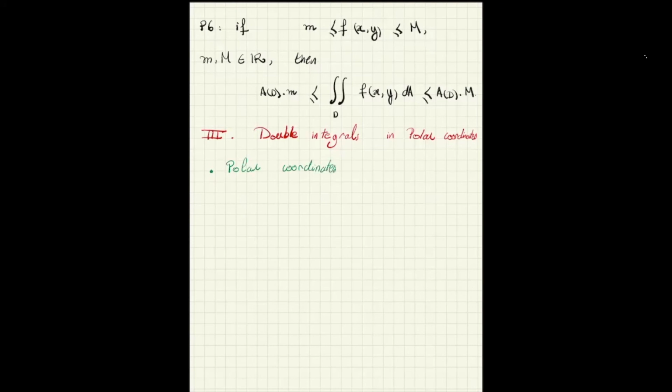All right. So each point on the plane can be described as the point equal to (x, y). These are Cartesian coordinates. That's one possibility.